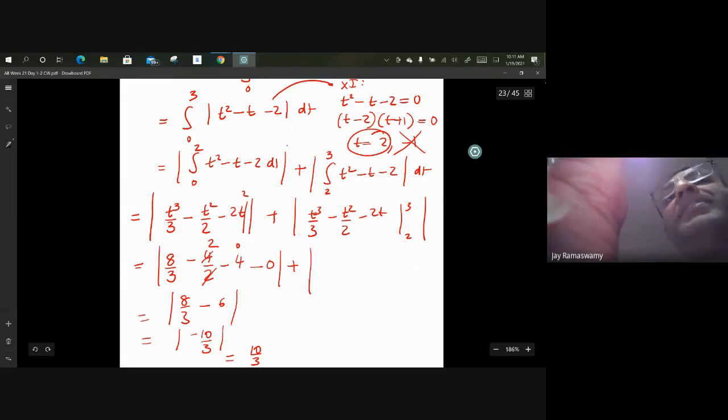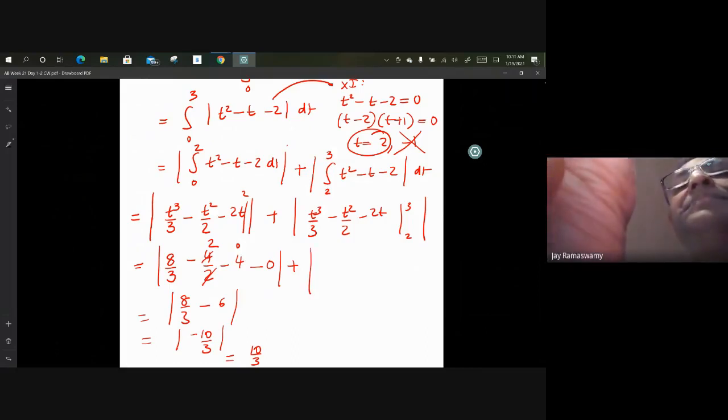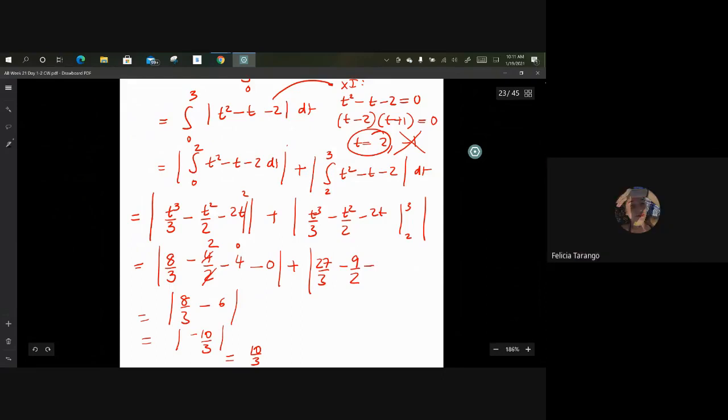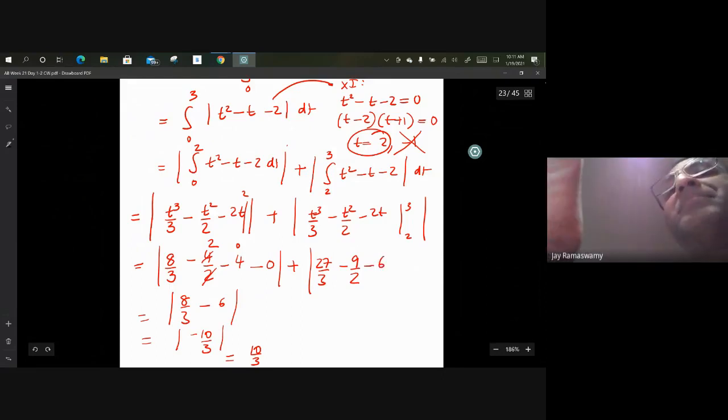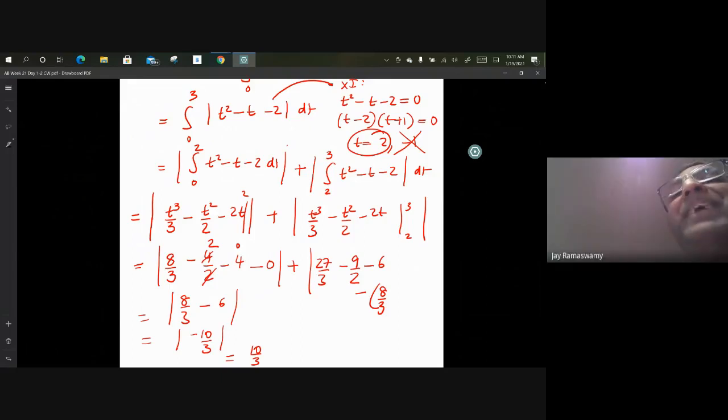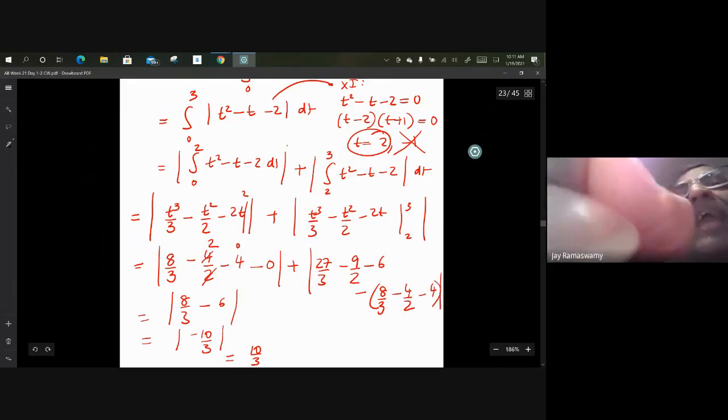Let's do the other part. Plus 3 cubed is 27 over 3, do not simplify, so we have like terms. 3 squared is 9 over 2, minus 6, minus parentheses: 2 cubed is 8/3, minus 2 squared is 4 over 2, minus 4. Let's do like terms.